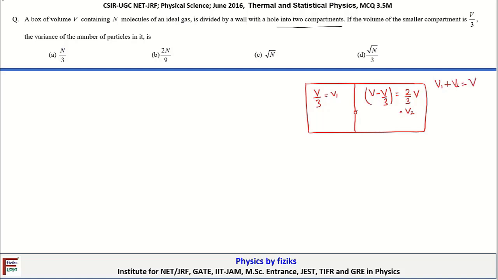Now we have to find the variance of the number of particles in it. For that, we first need to determine the probability.